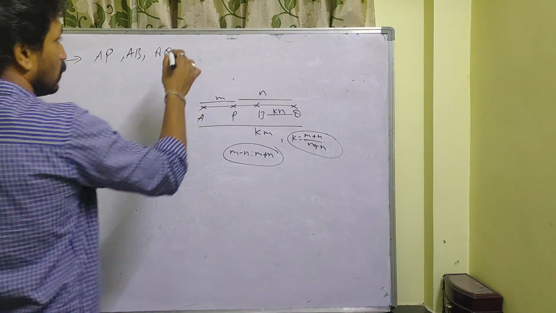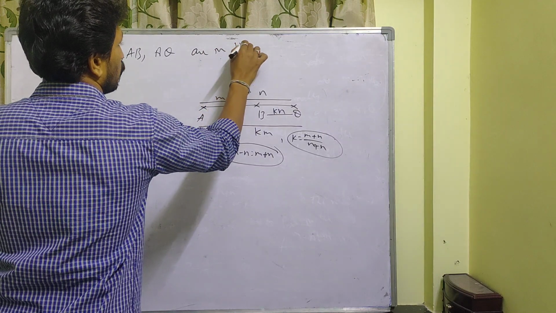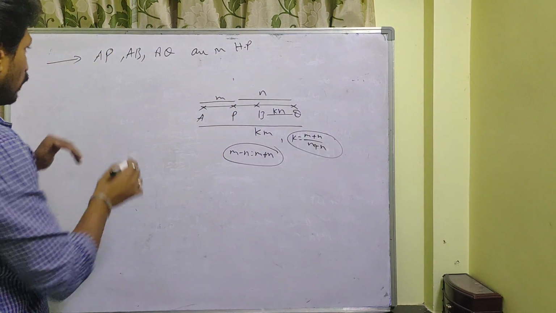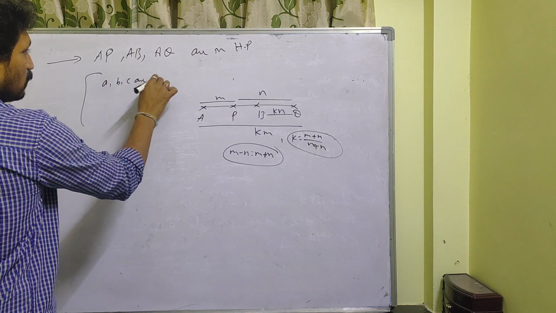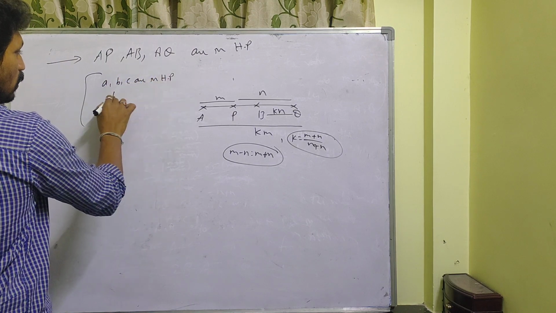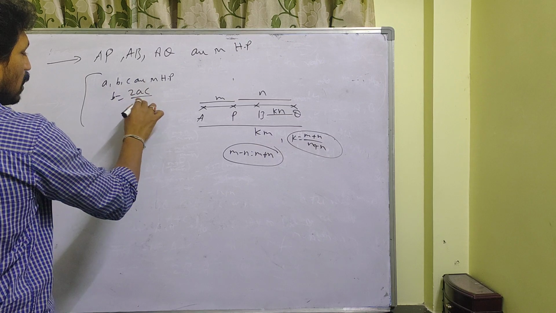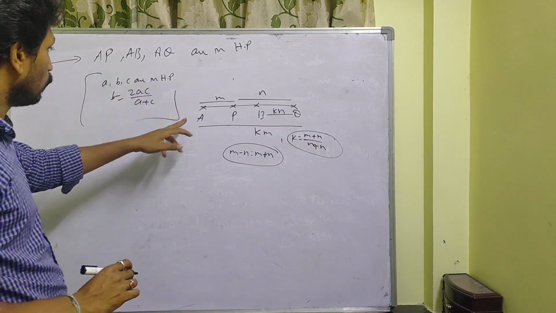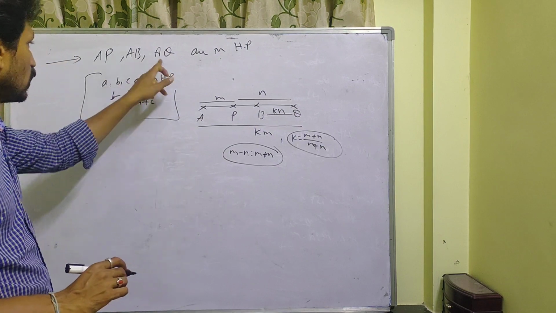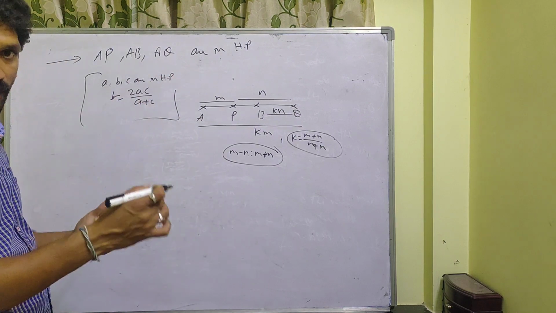Yesterday we discussed this. What is the meaning of HP? You know very well: if a, b, c are in HP, then b is equal to 2ac by a plus c. Do these three satisfy this or not? Once you check it out, if you have any doubt.